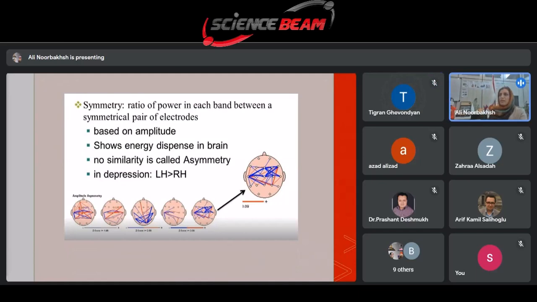Symmetry is the ratio of power in each band between a symmetrical pair of electrodes based on amplitude, as you know, and shows energy dispersed in the brain. No similarity is called asymmetry. In depression, the left hemisphere has increased alpha and theta compared to the right hemisphere.